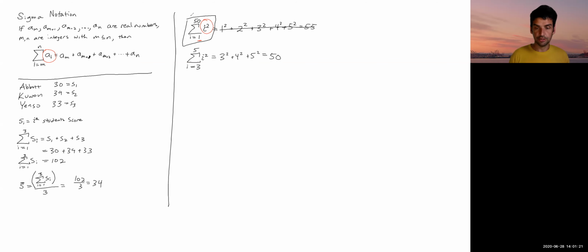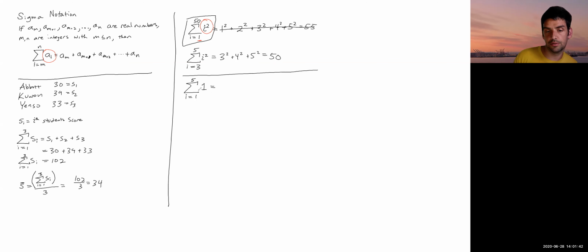Okay, let's do a couple of other examples, and we'll develop a couple of rules about summation notation. For instance, if I take i equals 1 to 5, and I put a 1 here, well, remember what I said.